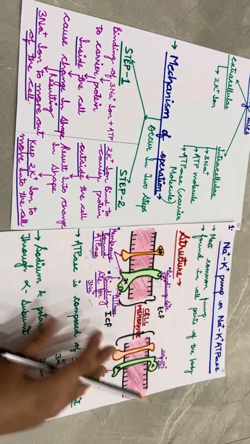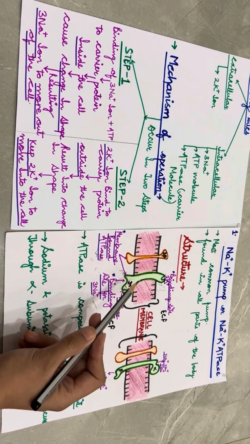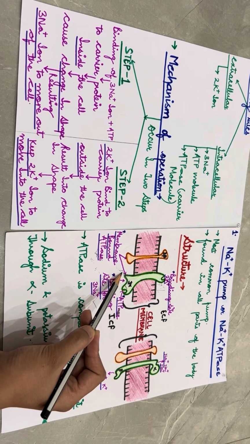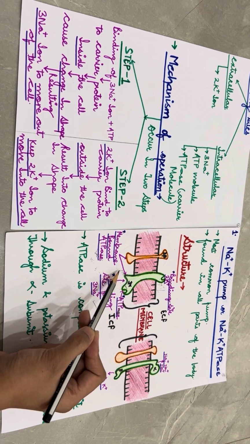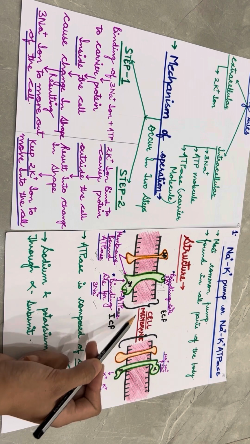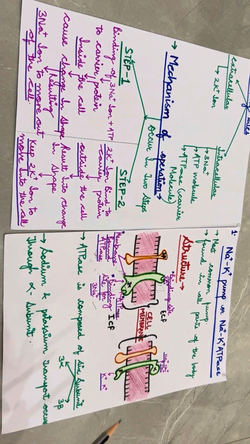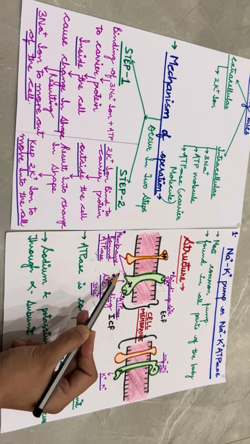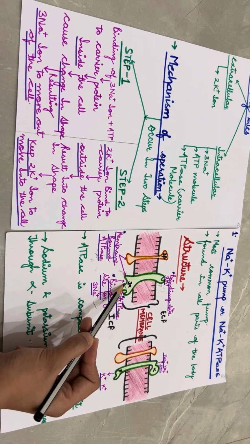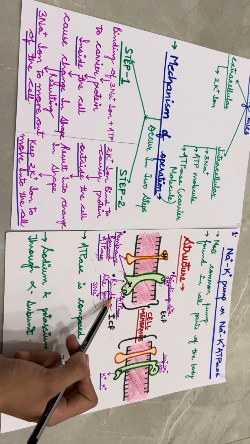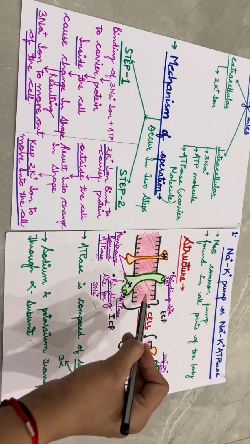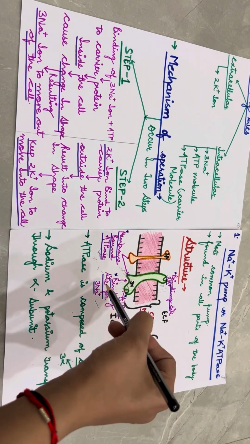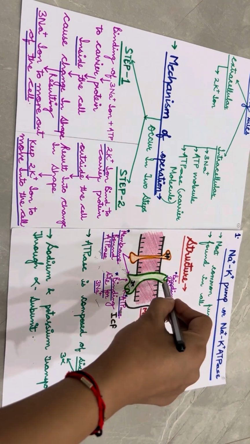So in the first step, this is a carrier molecule which contains ATPase. What does ATPase do? It hydrolyzes ATP into ADP, which we will further see. First you just learn that this is an ATPase molecule to which 3 sodium ions plus an ATP molecule bind, which changes its shape after binding these two components and keeps the 3 sodium out of the cell.